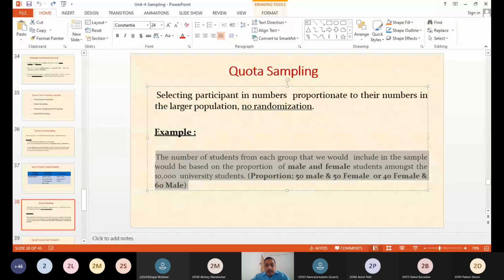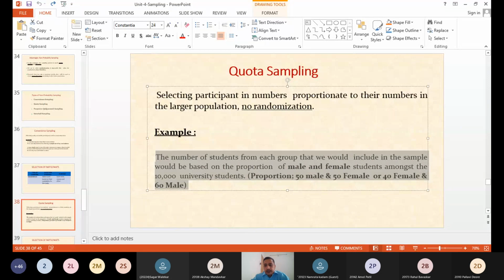We have selected the criteria male and female, and we saw that the proportion is 50-50 or 60-40. In the same proportion, we will select the sample from that population. If we want to select 100 students, we will select 60 male students and 40 female students based on their proportion in the population.